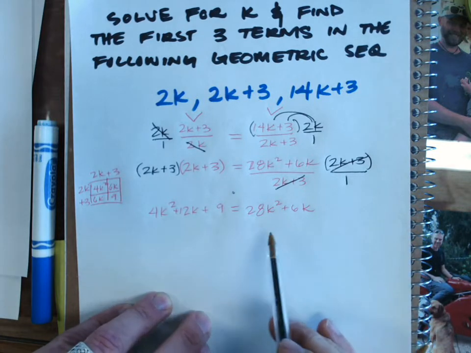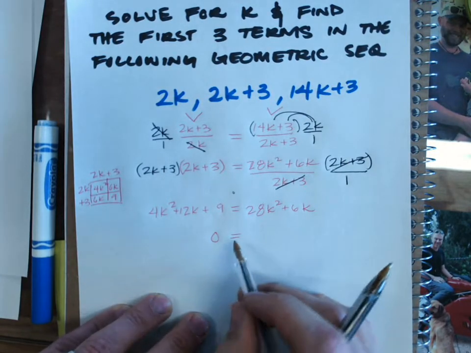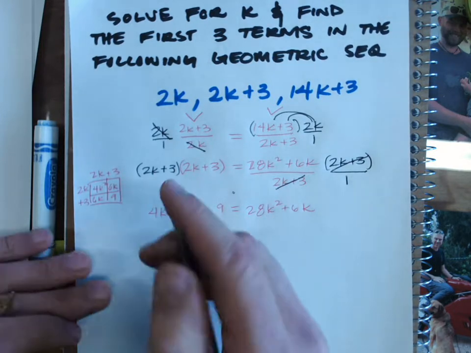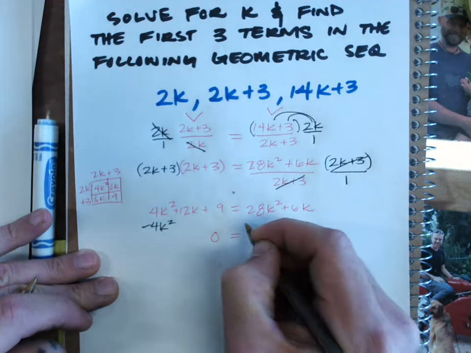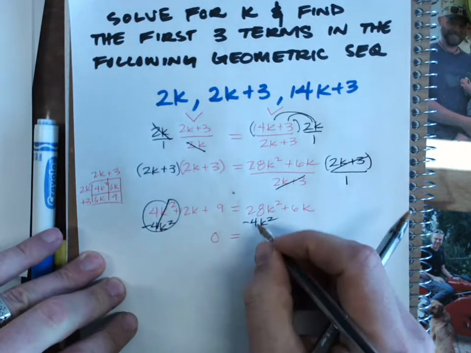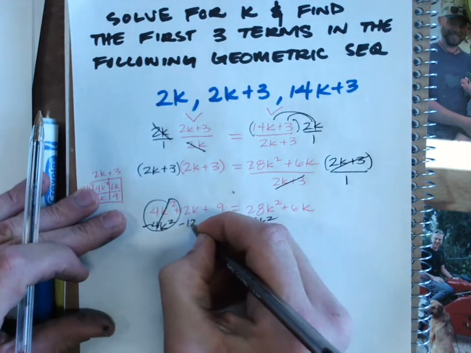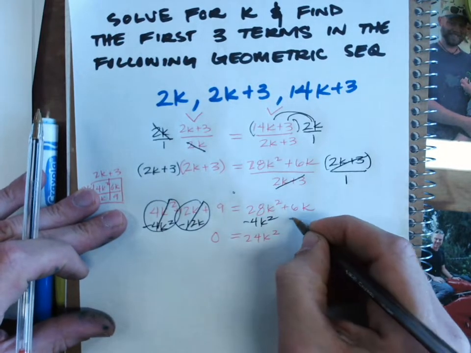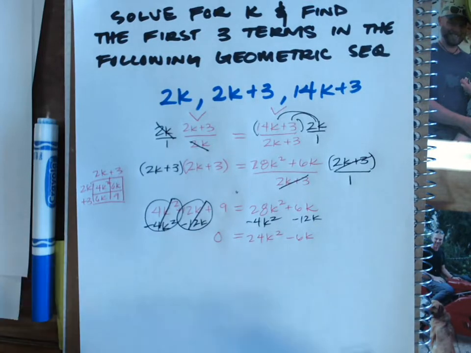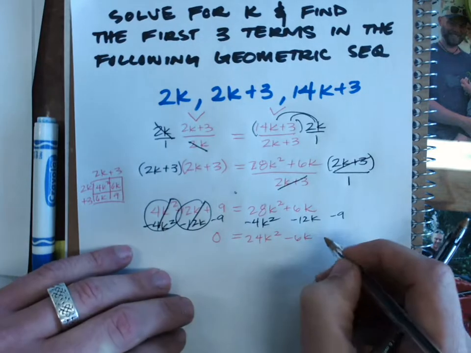In order to solve this, we need to get everything on the same side equal to 0. And if we subtract 4k squared, that will cancel out. We're going to subtract 12k and subtract 9. Nothing to subtract it from, so we just leave it as minus 9.